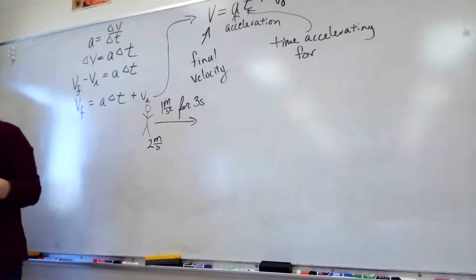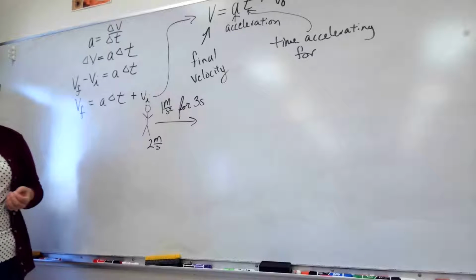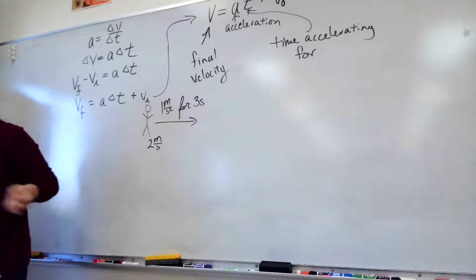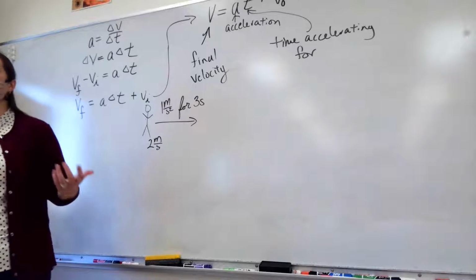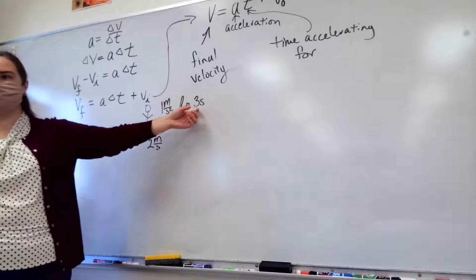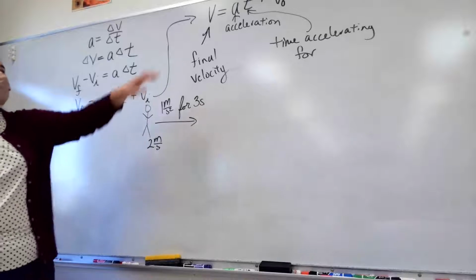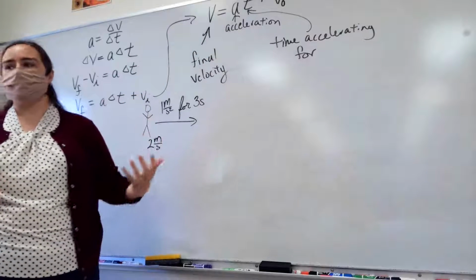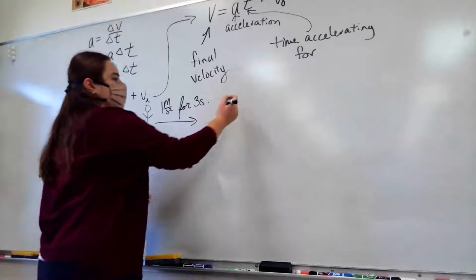So we have a person that has an acceleration of 1 meter per second squared for 3 seconds, and they start with an initial velocity of 2 meters per second. We want to know how fast they're going after these 3 seconds. Okay? So we're going to use this equation to find our final velocity, because that's what we want to know. We want to know how fast they're going.